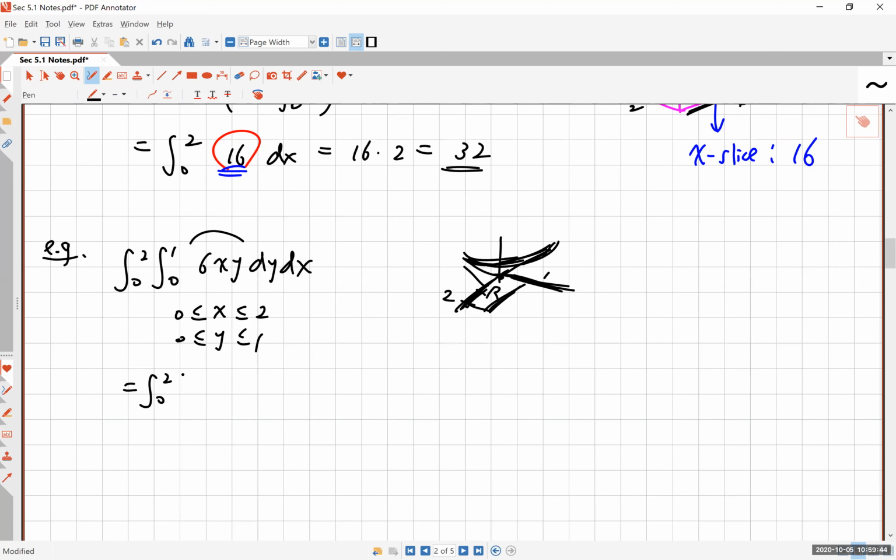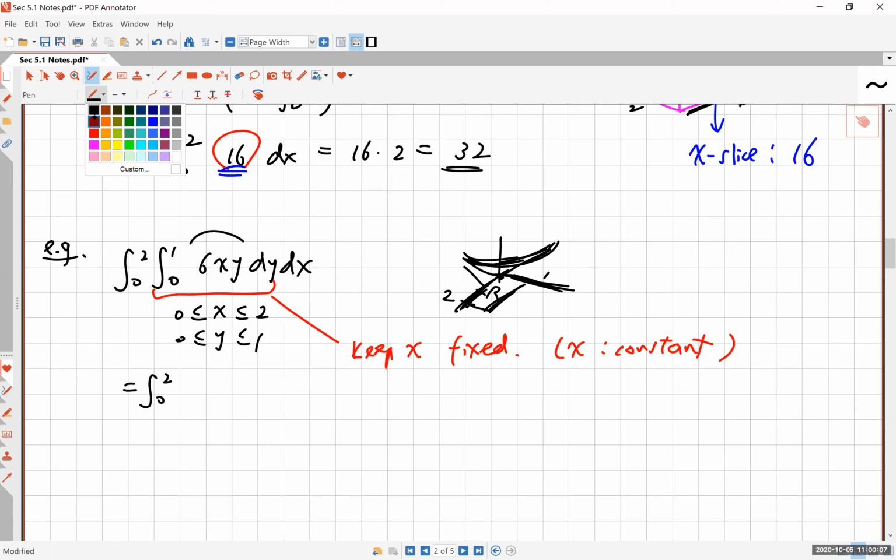right? So when you do this first part, keep x fixed. Think of x as a constant when you integrate with respect to y. You are used to doing this because you already did partial derivatives many times, so pretend like x is a constant at this point.